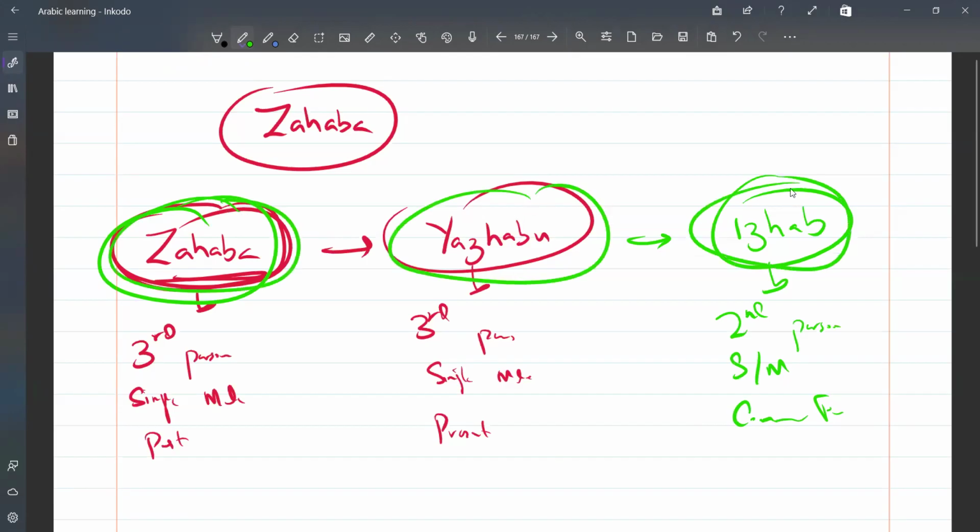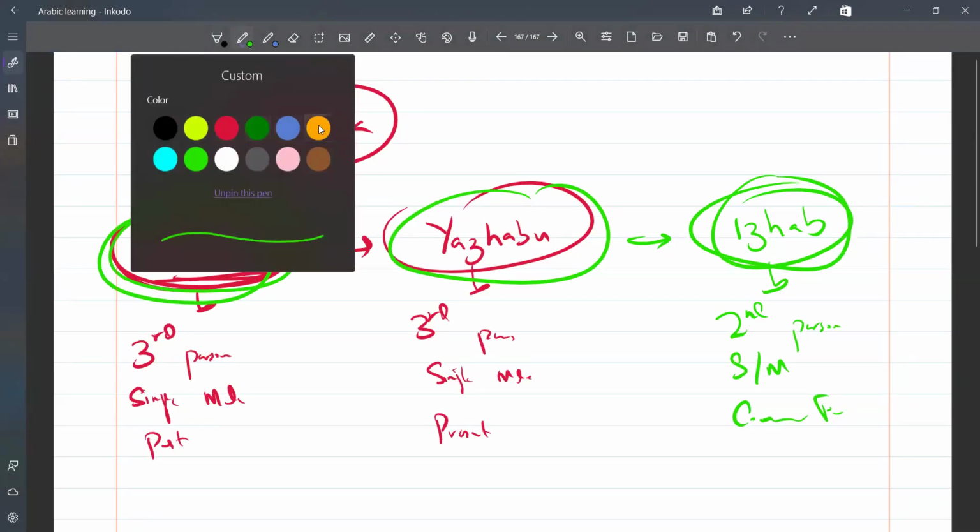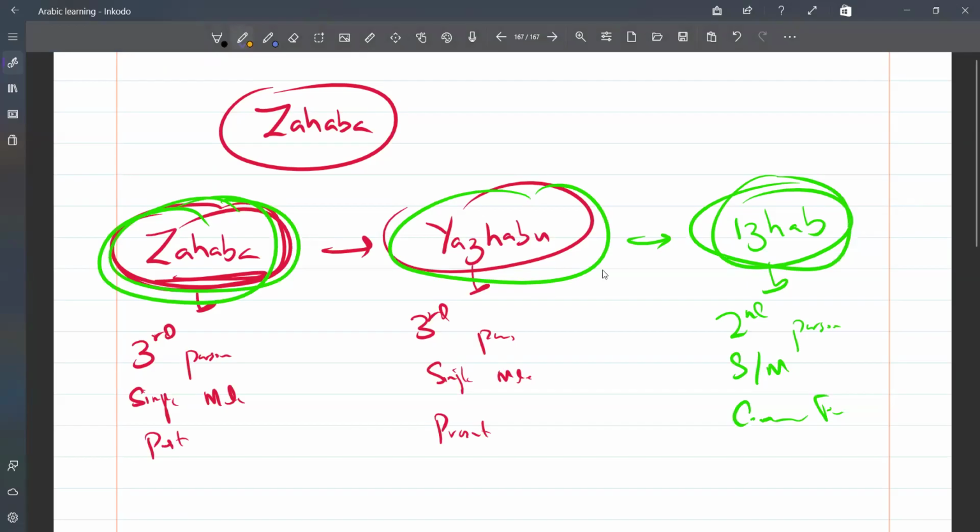Now you might be wondering that, okay, we have learned the past tense, we have seen the present tense, and we have learned the command form. What about the future tense? Please note down that the variation for the present tense and the future tense are the same.